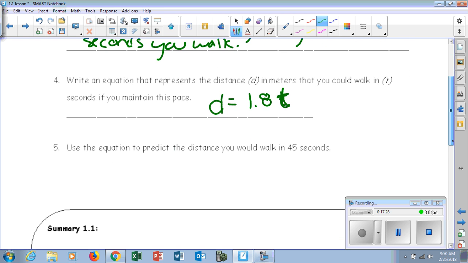So in 5, they said use the equation that we just wrote to predict the distance you would walk in 45 seconds. Well, how would I solve this, Joey, using our equation? I have d equals 1.8 times 45. Awesome.